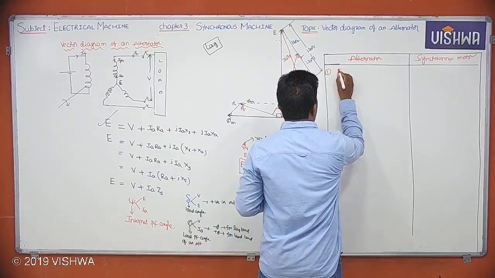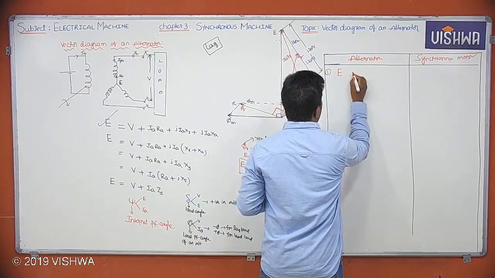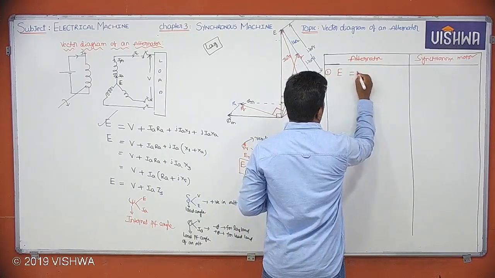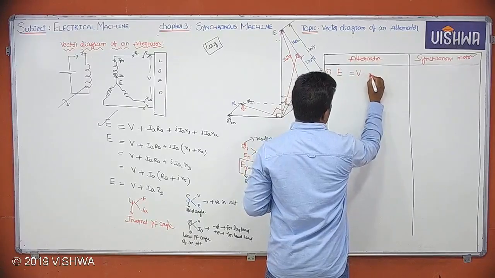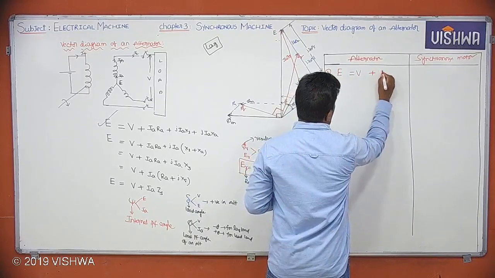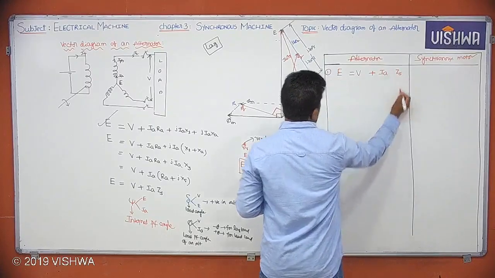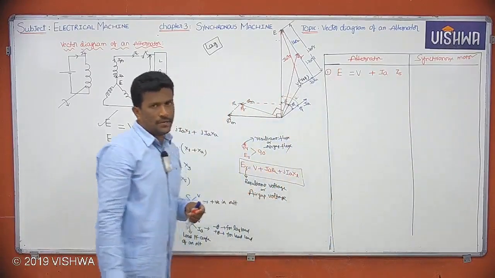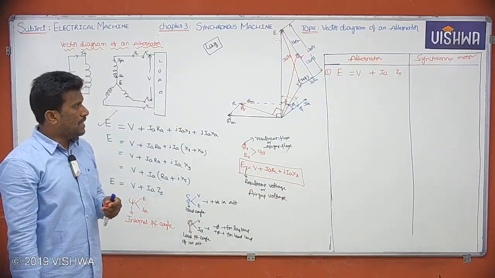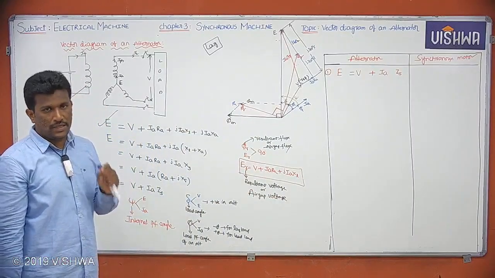E equal to V plus IA into ZS. Very basic formula, everybody knows that. E equal to V plus IA ZS.